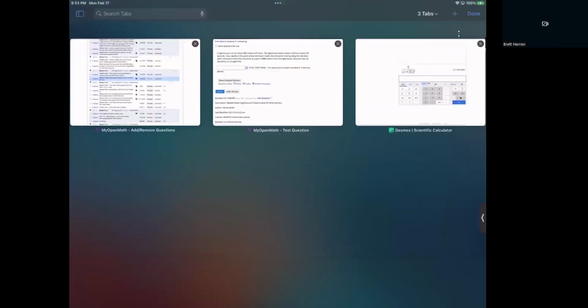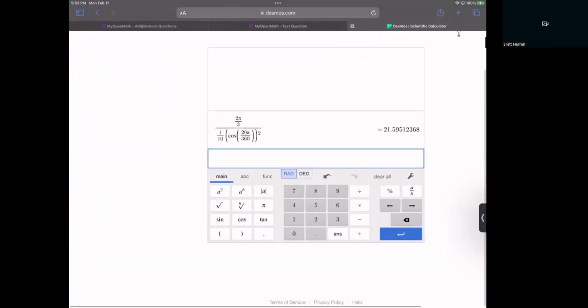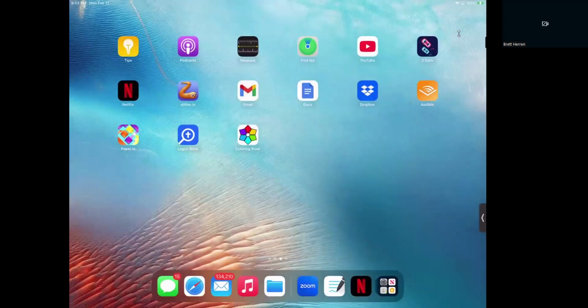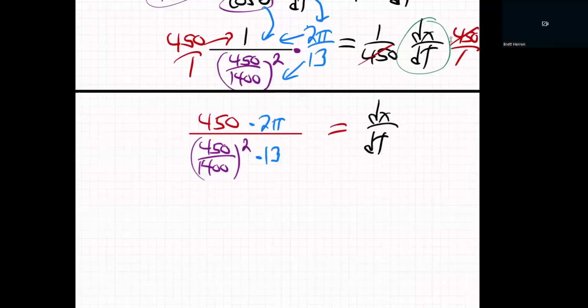So this fraction. Wait, we're going to get totally messed up here. Oh, that's right. I don't remember where we're at. Let me go back. Oh no, 450 times 2 pi over 450 over 1400 squared times 13.